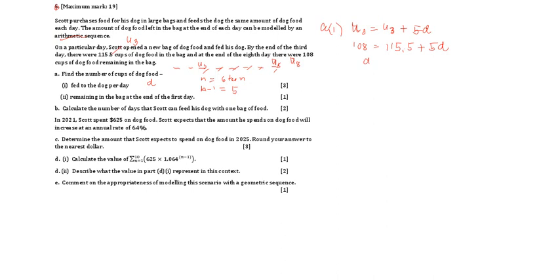So our d is equal to negative 1.5. But in the light of this question, we're looking for the number of cups of dog food, so our answer should be a positive answer. We are feeding the dog 1.5 cups a day.